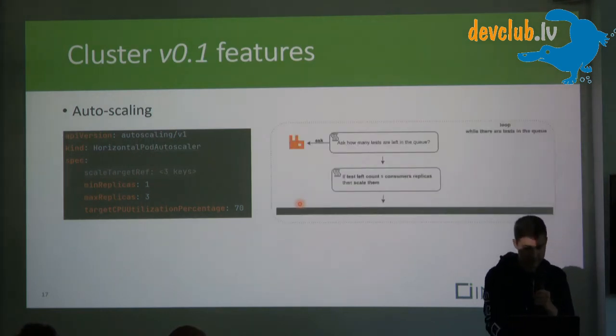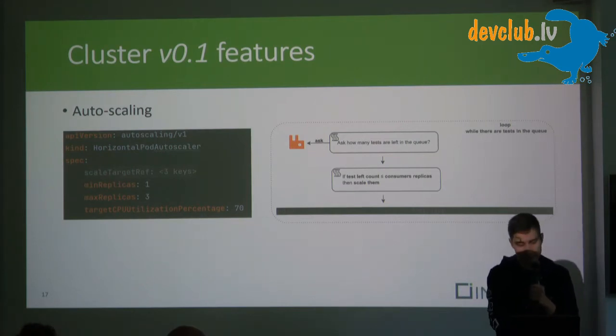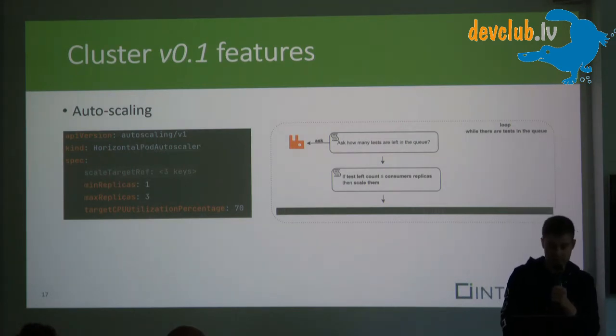So we created a custom autoscaler that was just polling the data from the RabbitMQ queue, and if the number of consumers was greater than the number of tests left, then we were just scaling them down. And it is working till now.